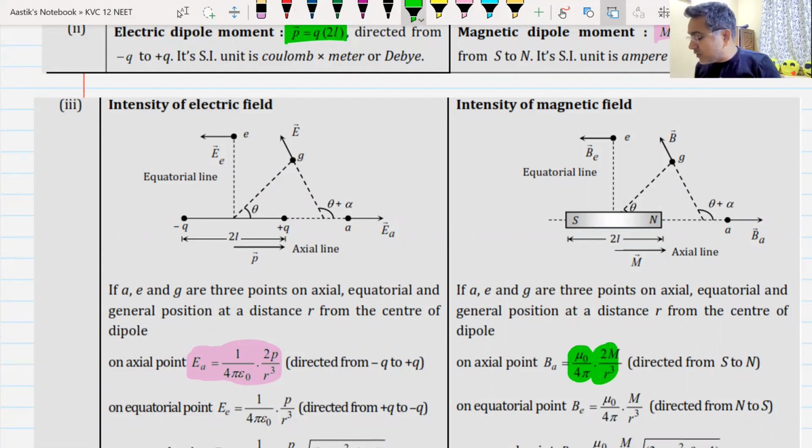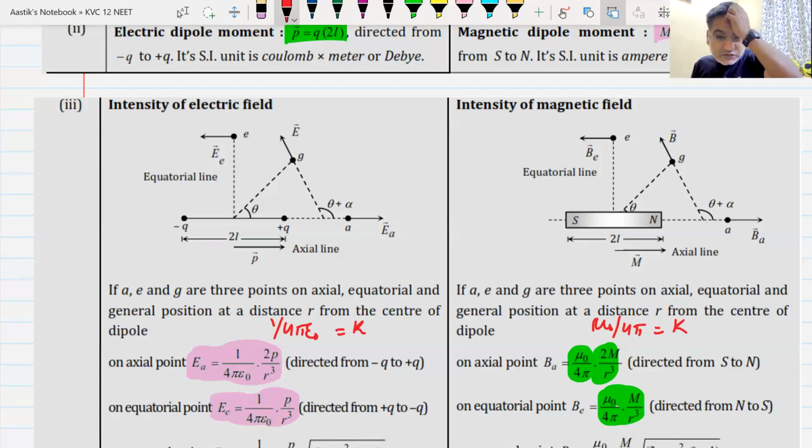You can just note this formula because these both the questions are exactly similar. The only difference is here, this 1 by 4 pi epsilon naught is your k constant. Here mu naught by 4 pi is your k, which is constant. Do we understand this?